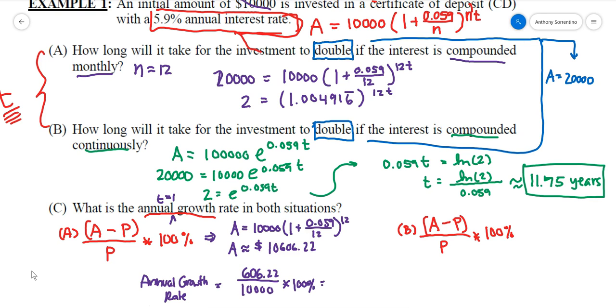And that equals about 6.0622%. So not significantly more than 5.9%, but it's still more than 5.9%.